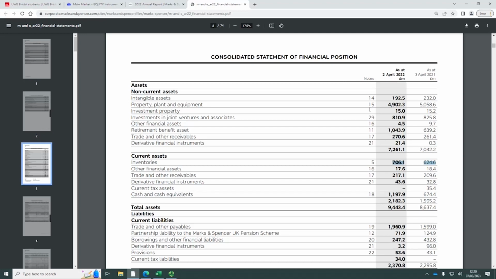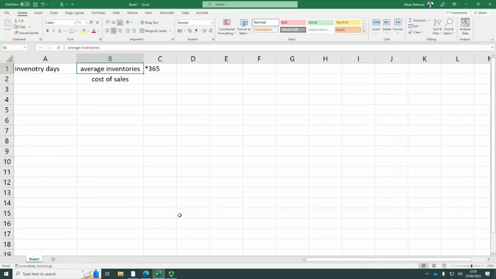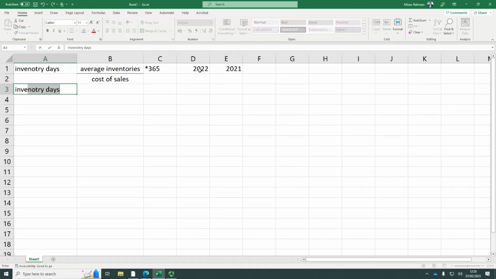So what I do is I go to my Excel, and I have my 2022 data and 2021 data, and my inventories for 2021 is 706.1, and for 2021, 64.6.